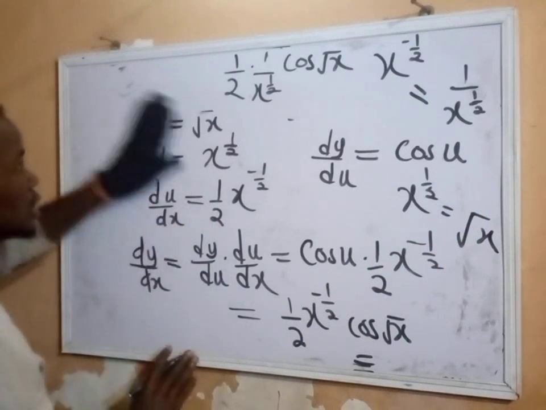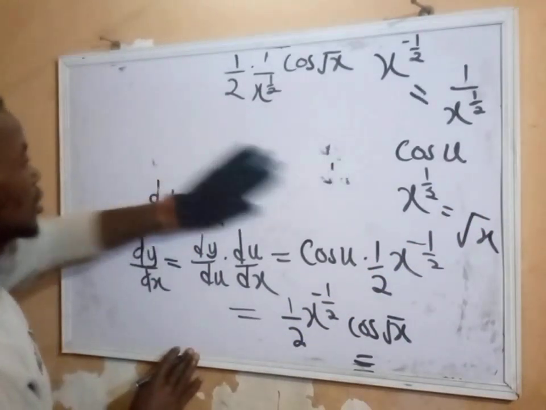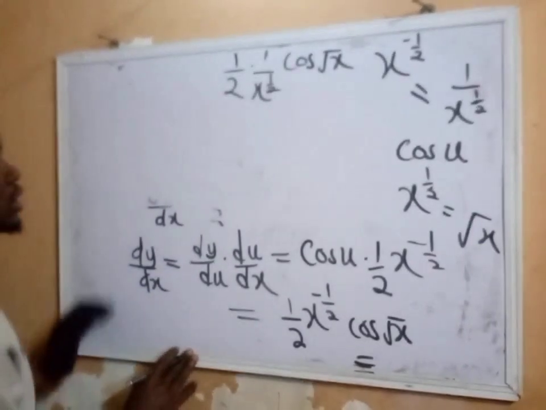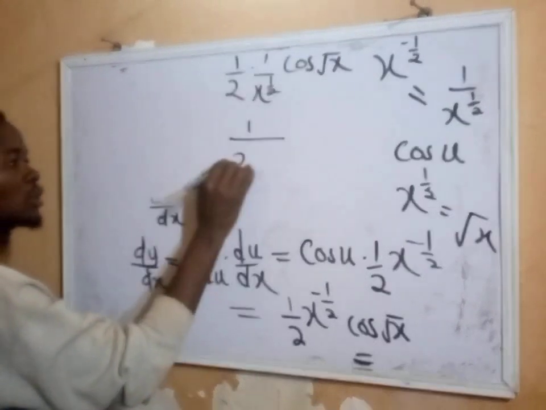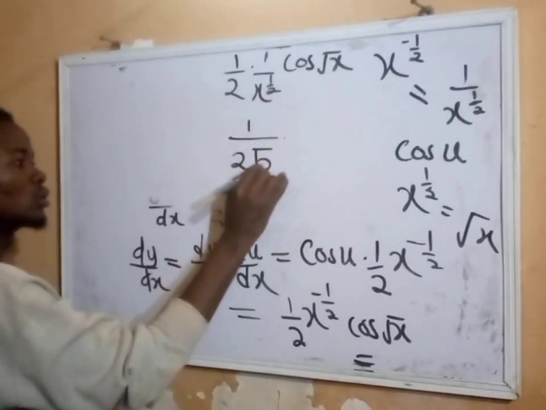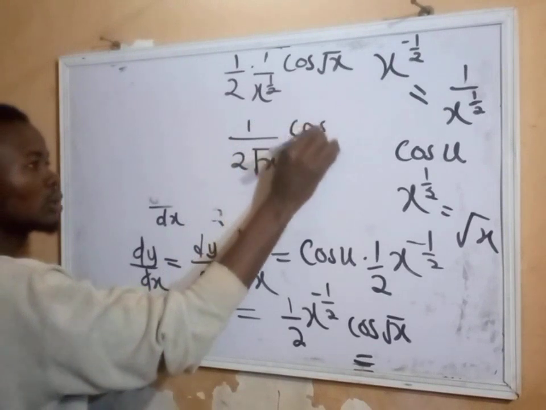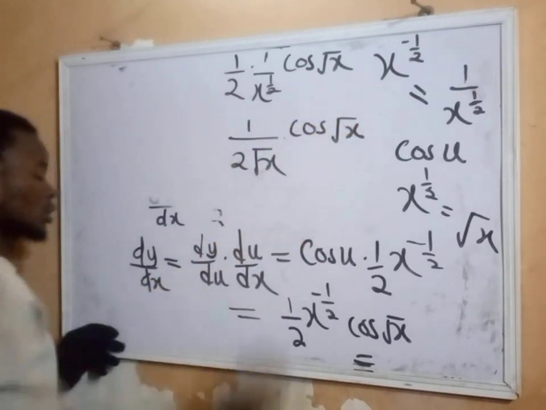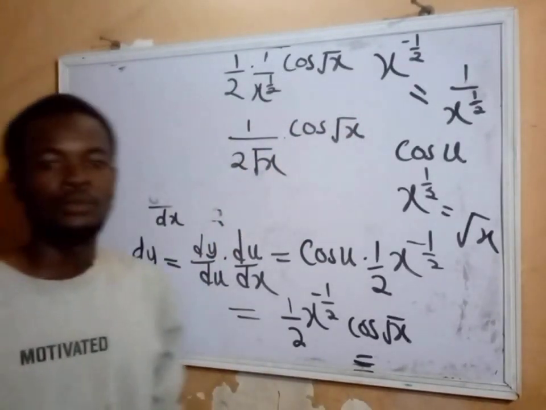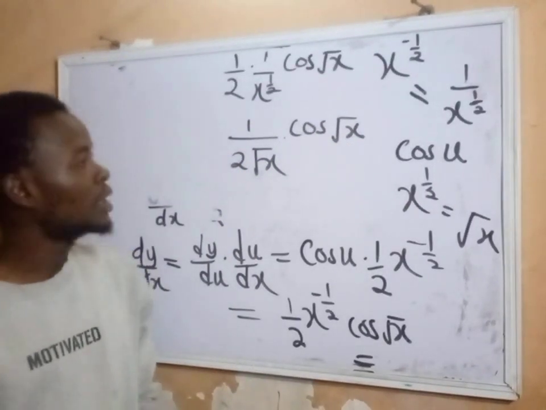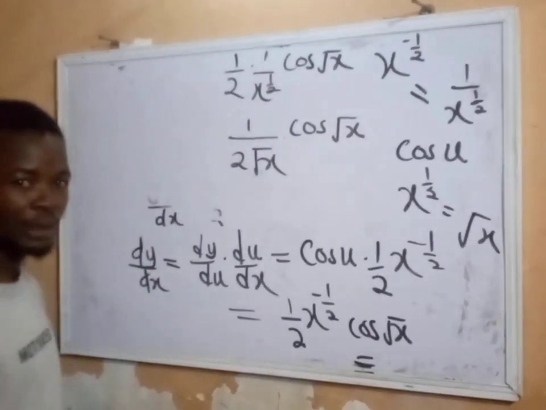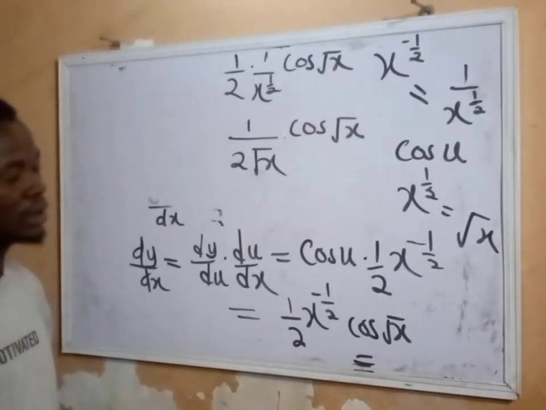So by changing this, we are going to have 1 divided by 2 root x, then cos root x. I believe we are getting the concept. If that should be the case, let's see another question.